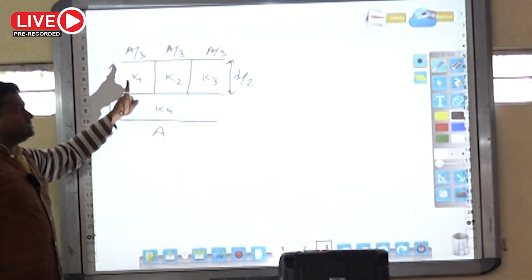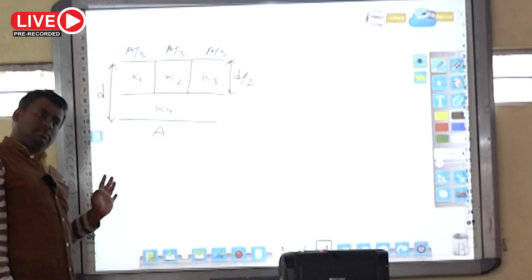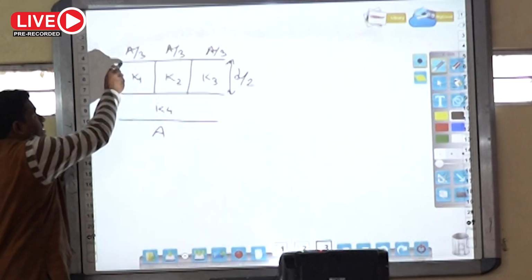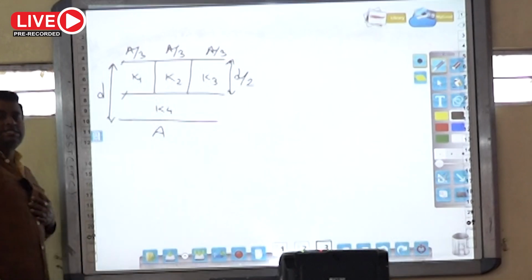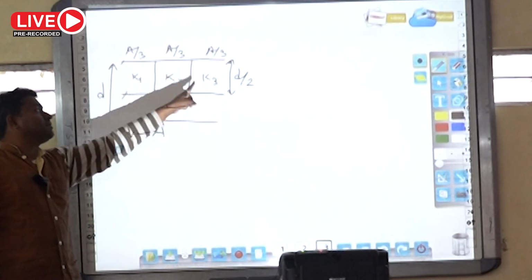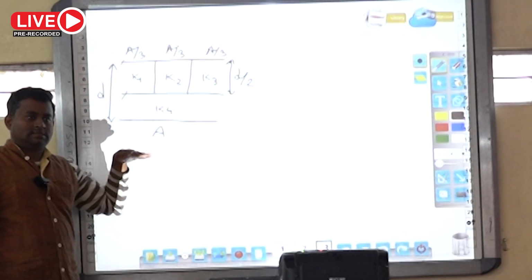Now see, we can consider there are 4 capacitors together. Now at this point, on this line and on this line, potentials are same. Means we can say that these 3 capacitors are connected between same potentials.